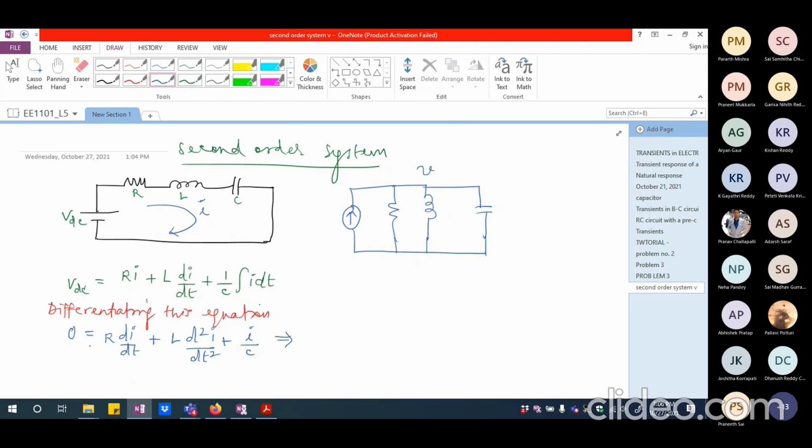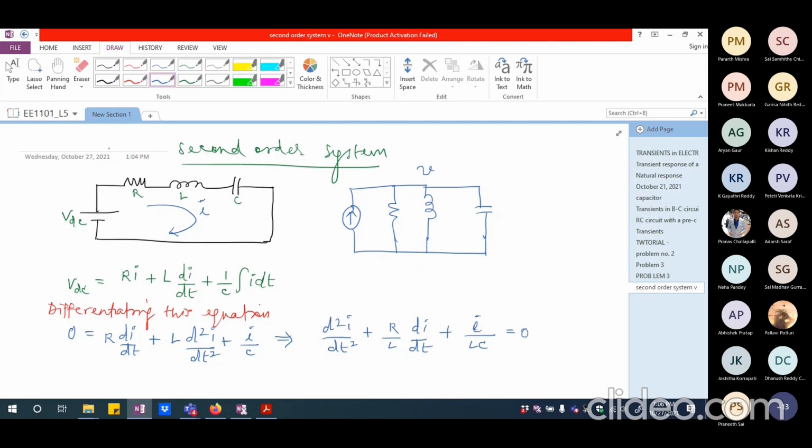If I divide through by L, I can write this as d square I by dt square plus R by L multiplied by di by dt plus I divided by LC equal to 0.